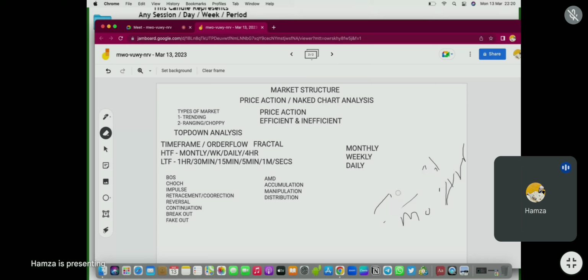So if you want to look at price on a daily perspective as an intraday trader, you could single out Monday, single out Tuesday, single out Wednesday, single out Friday, every day. If you are the type that looks at the market from a weekly perspective, regardless of what price is doing on a daily, price keeps making impulses to the upside.